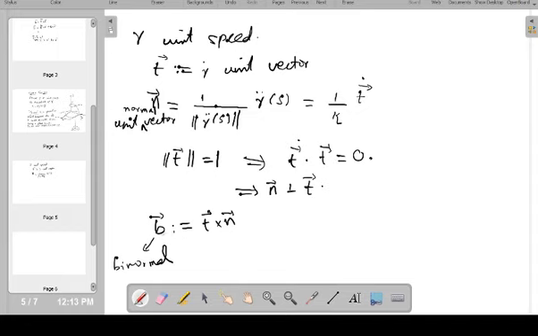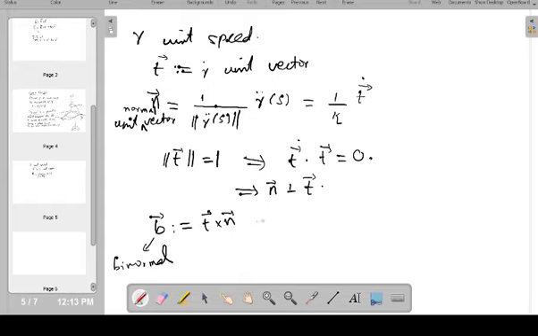Let us observe what is the magnitude of B. Magnitude of B equals magnitude of T into magnitude of N into sine of the angle between T and N. But N is perpendicular to T, the angle is pi by 2, so sine pi by 2 is equal to 1.